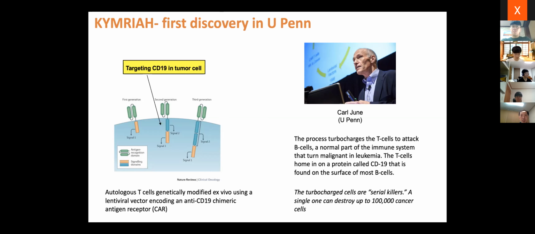So here, if it says turbocharged, maybe that helps the survival of the cells. On the right downside, you said these cells are the turbocharged cells and serial killers. So a single cell can destroy maybe 100,000 other cancer cells.